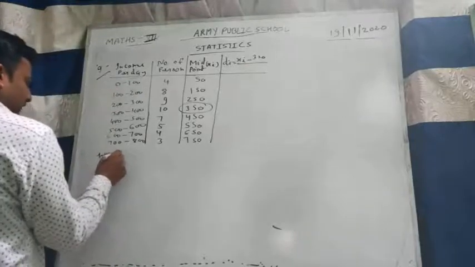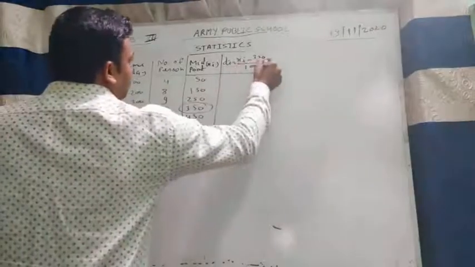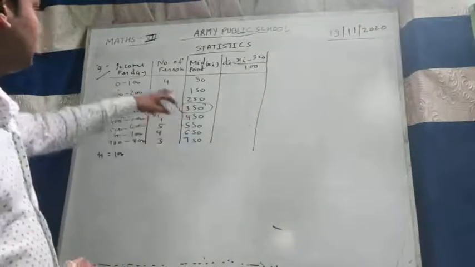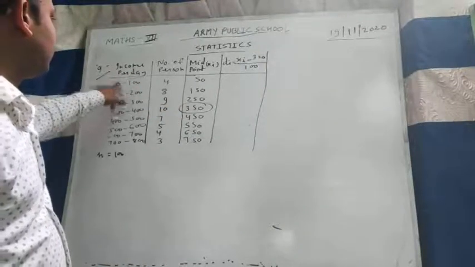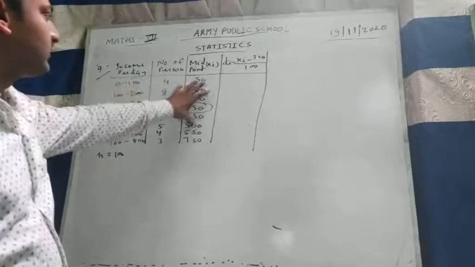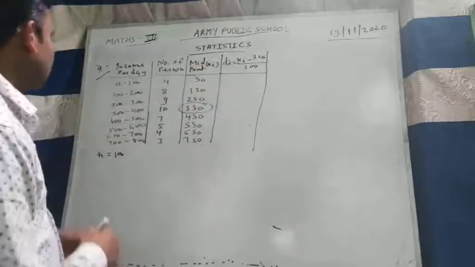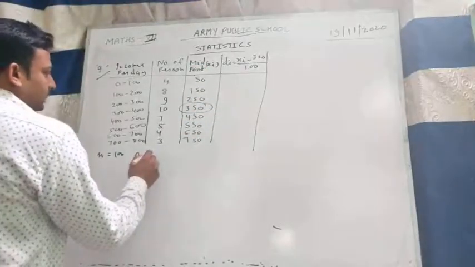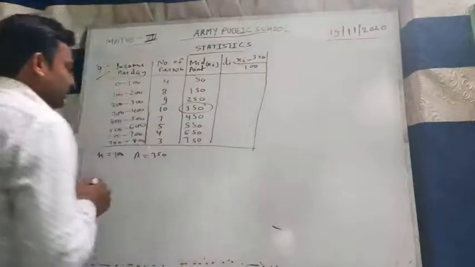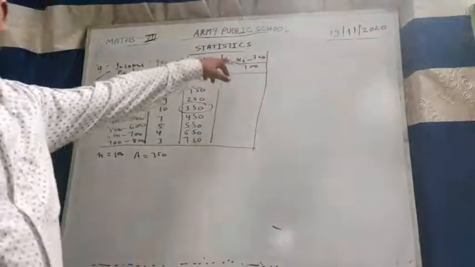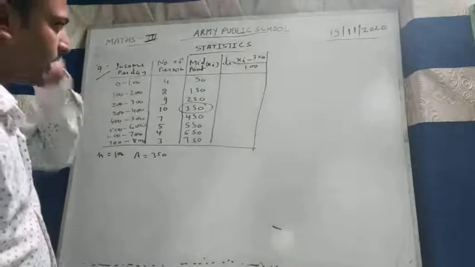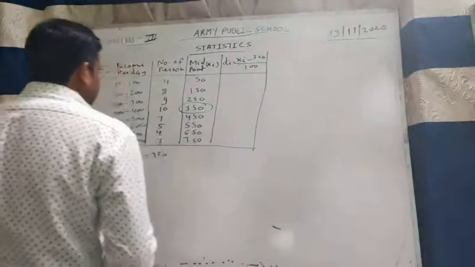The value of h is 100. So this is our next column. Income per day, number of observations, and the midpoint we have found. So we write di is equal to xi minus 350 upon 100. Now we will put the values of xi.